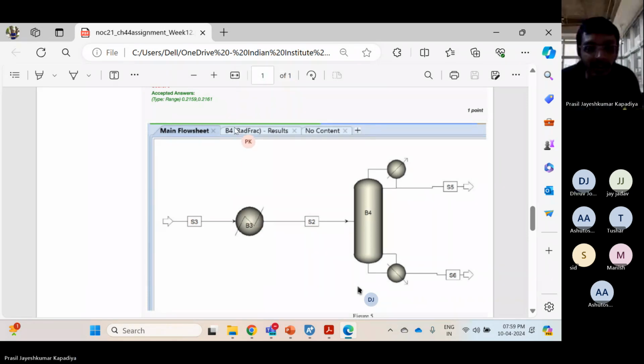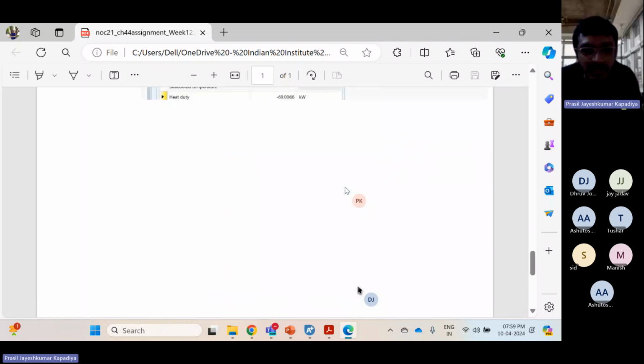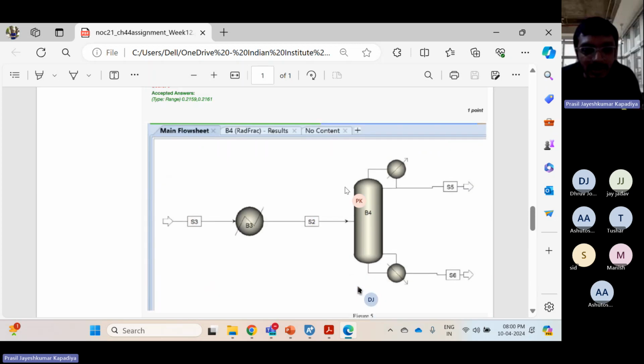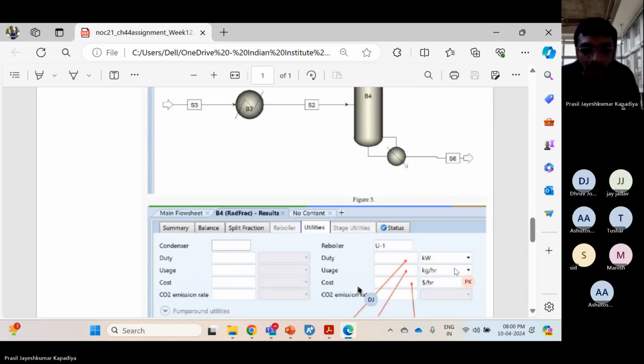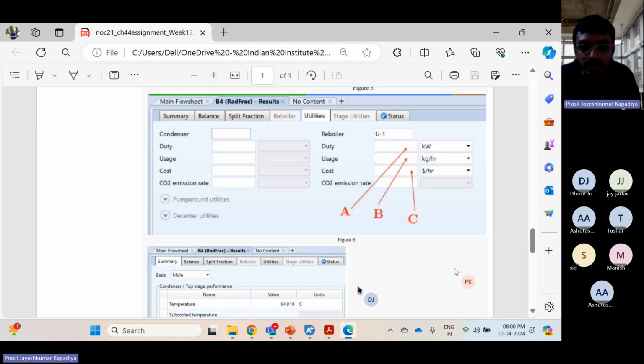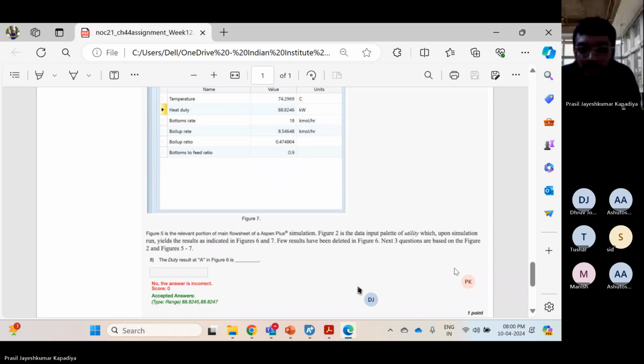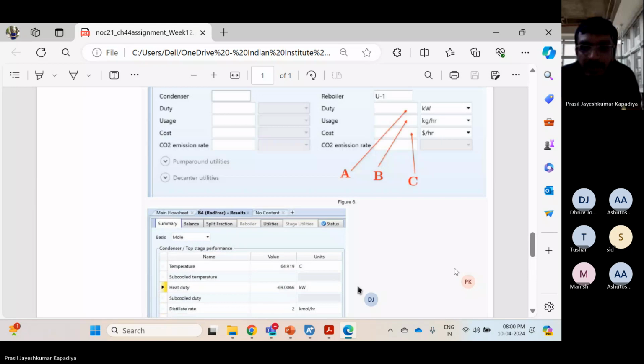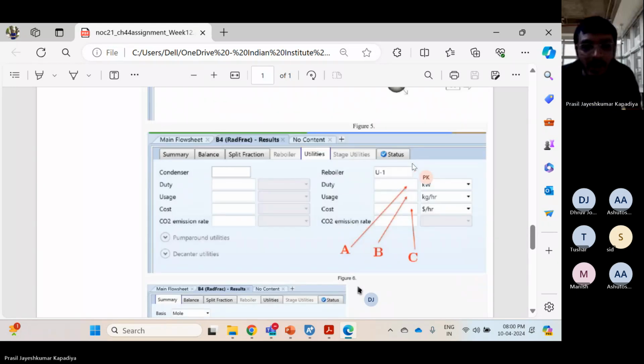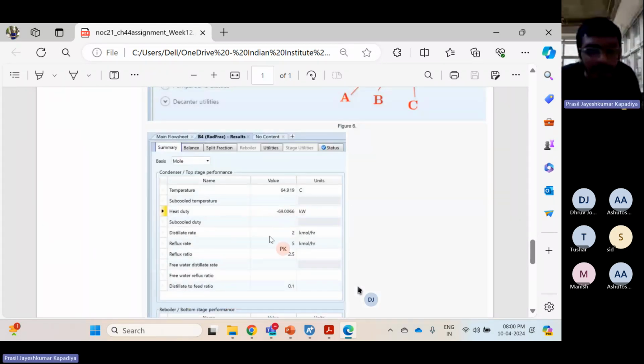Yes, sir. Okay, so this is some distillation column. The stream is passed through the heater and then the distillation column, and you are getting one top stream and one bottom stream. Here also something is given. Let's go to the problem statement first. The duty result at A in figure 6 is duty. Okay, duty of RadFrac. You can see duty from here.